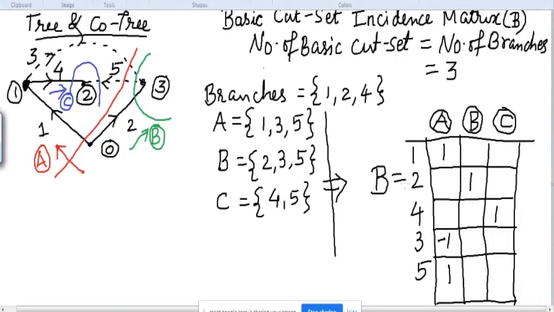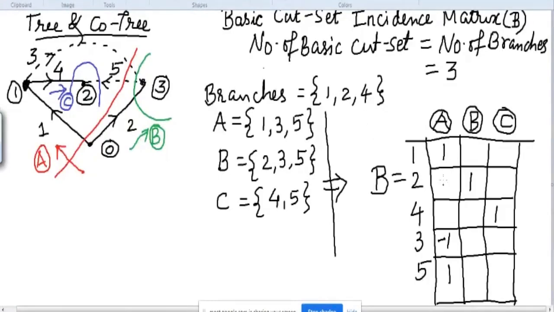Because between 1, 3 and 5, we are not able to find any common point, right? So we have identified this 1 as the reference point, and with respect to this 1, we are identifying which element should be positive and which element should be negative.